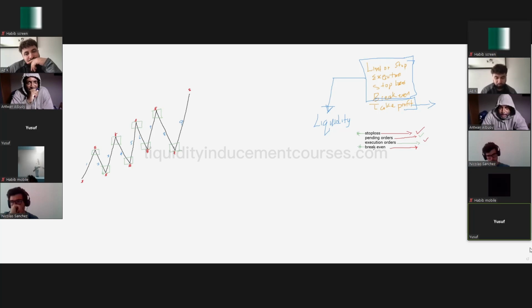So most often than not, where do you break even? Within that structural level where you executed the trade. Does it make sense now? And when you break even, you have just added liquidity to the market, because once the market comes here, it takes you out. So it grabs that liquidity.